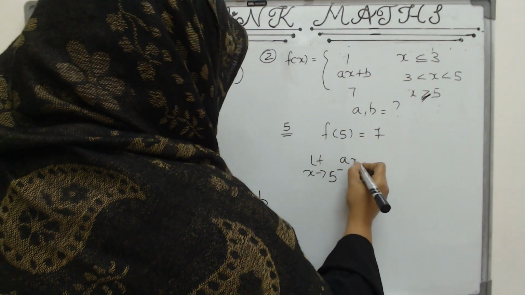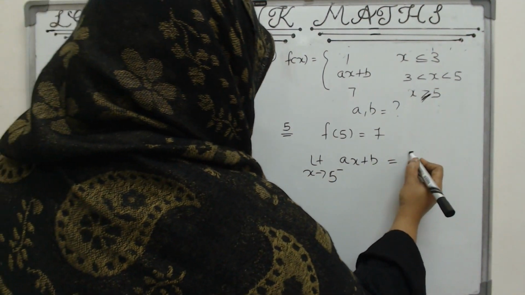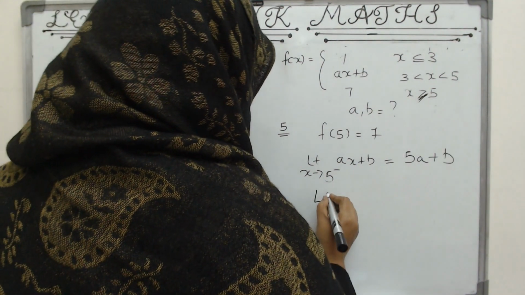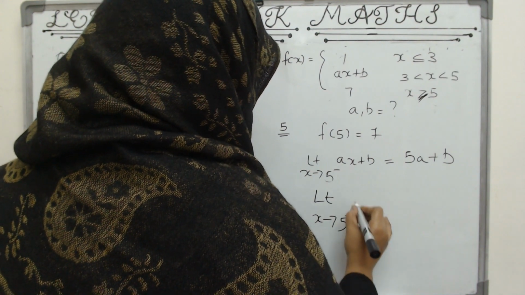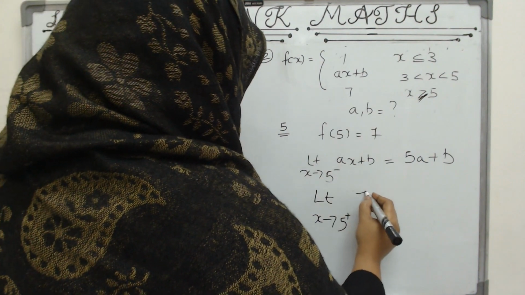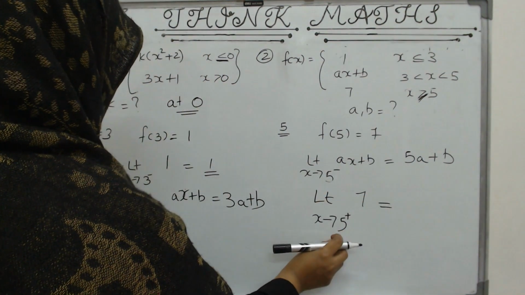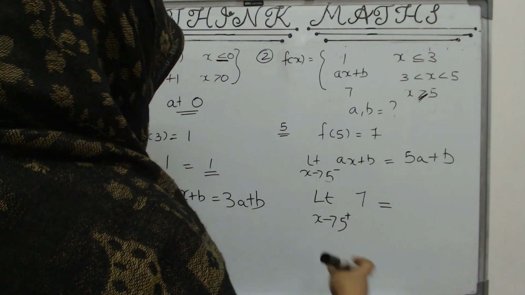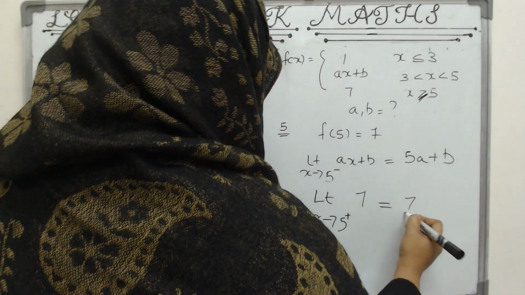At that part, instead of x, put 5. Now you come from values greater than 5. Then what do you have? Whenever x is greater than 5, your function is 7. So wherever you see an x, put 5. There is no x at all. There is no place we can substitute it with 5. So this is 7 itself.